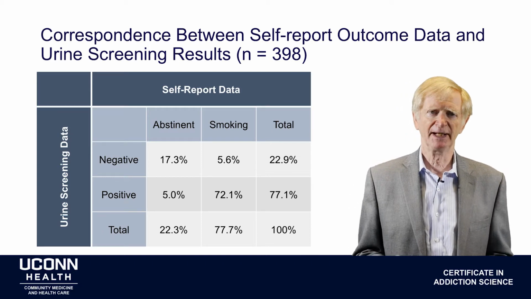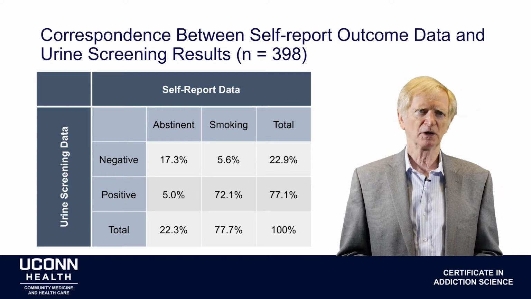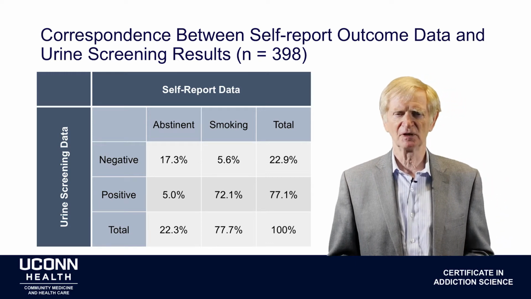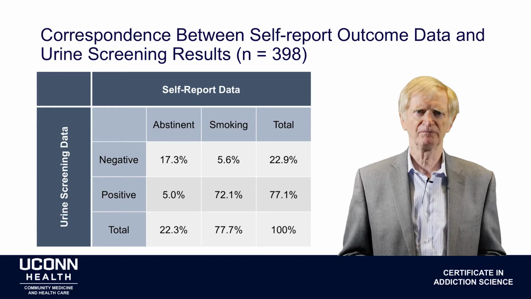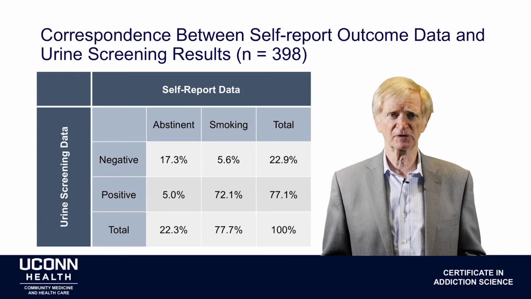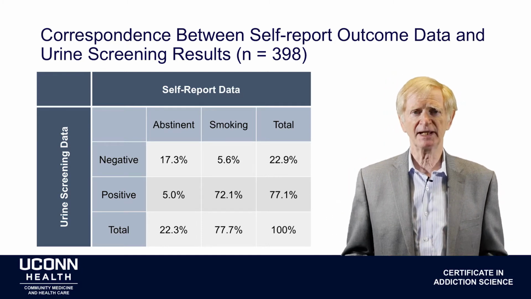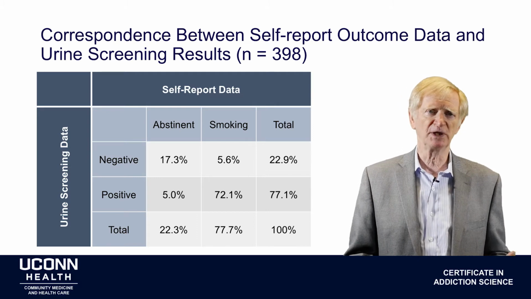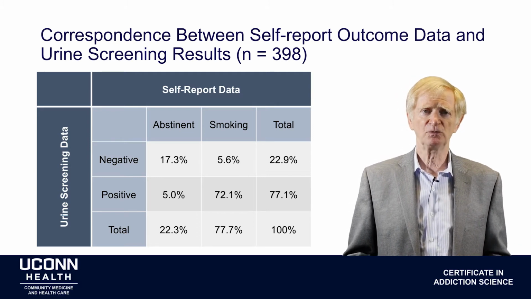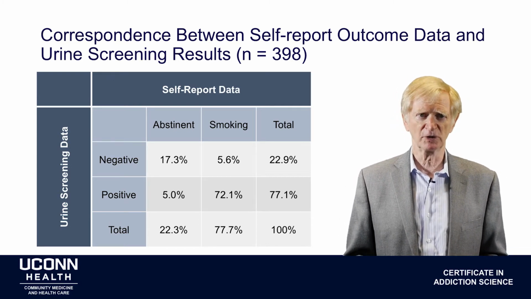And if you look at the right-hand column under the total for urine screen data, 22.9% of the follow-up sample was negative on a urine screen. 77% were positive, that at least they had smoked during the prior few days up to a couple of weeks. But still, 22%, almost 23%, were negative on their urine screen.